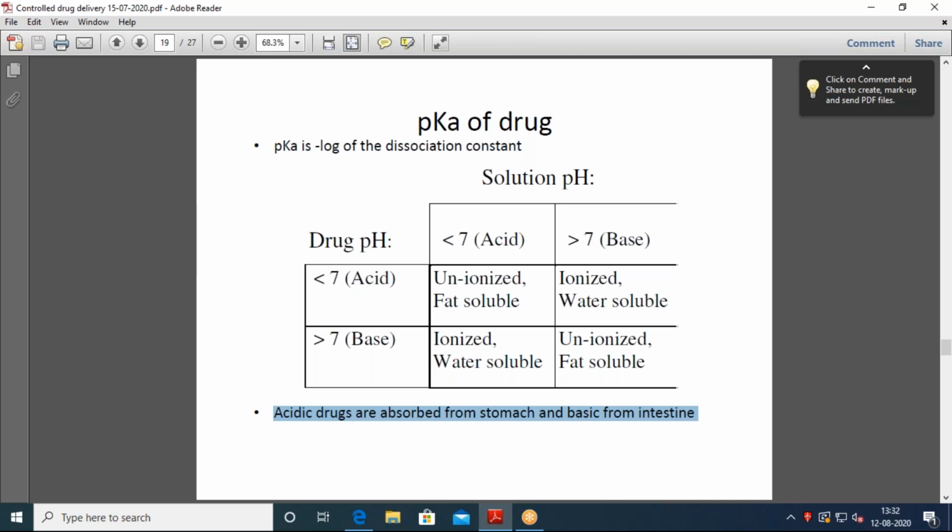That is how most acidic drugs get absorbed. But generally speaking, we tell that acidic drugs are well absorbed from the stomach. Are you able to understand now? Yes.